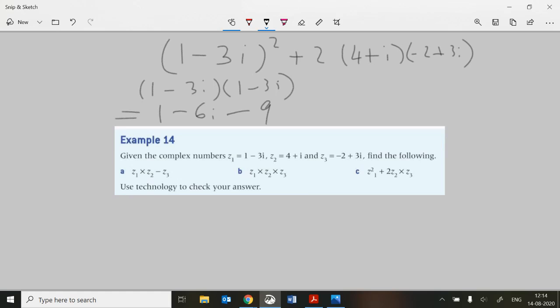Okay, so that's the expansion of this. So I'm just going to put a line through that one there. And then we've got minus 8 plus 12i minus 2i and minus 3 coming out.